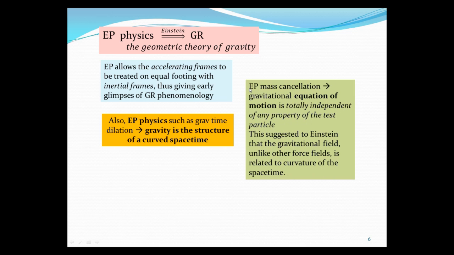And also because the equivalence principle allows us to cancel the mass factors in the equation of motion, the resultant gravitational equation of motion is totally independent of any property of the test particles. This independence suggests to Einstein that the gravitational field, unlike other force fields, is related to some basic feature of space and time, in fact to the curvature of space and time.